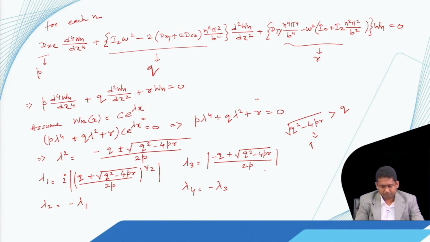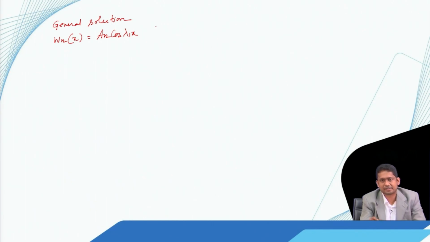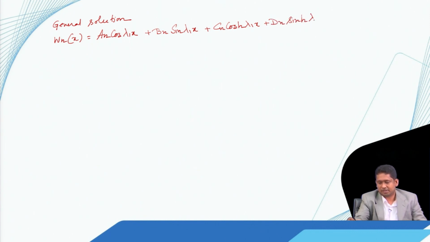Now after that, with this we can write the solution as, a general solution of this can be written as Wn as a function of x is equal to An cosine lambda 1 x plus Bn into sine lambda 1 x plus Cn into cosine hyperbolic lambda 3 x plus Dn into sine hyperbolic lambda 3 x. Now this is a general solution.